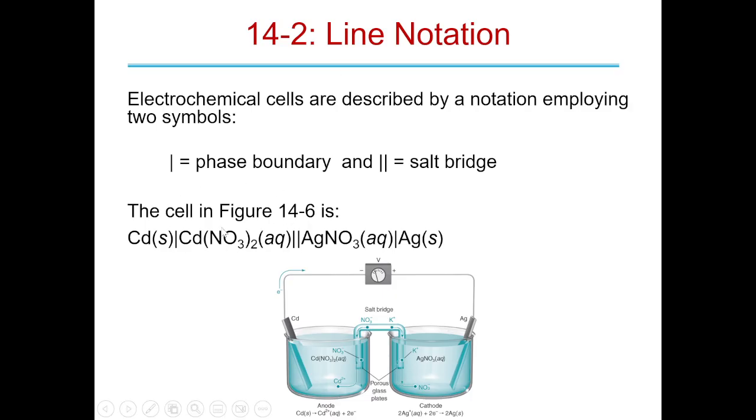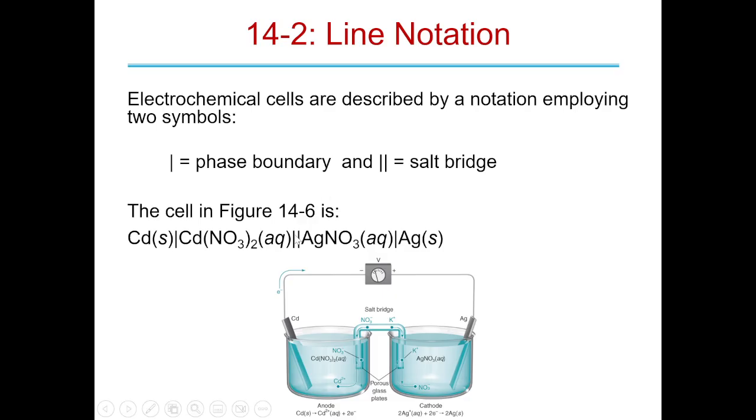So our cell configuration for the previous cell is this right here. Cd solid, that's that anode right there, right? Where you're laying out your solid. Phase boundary, Cd in its salt form. That's this charged Cd, right? This is aqueous, this is dissolved in solution.